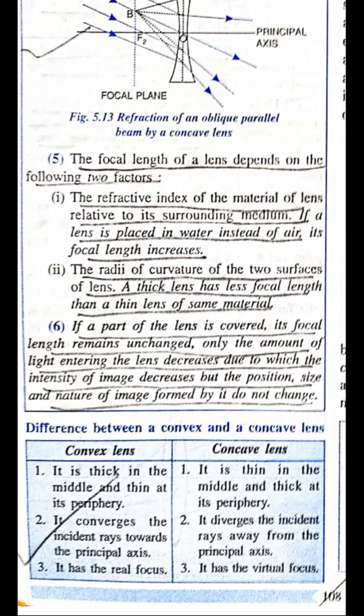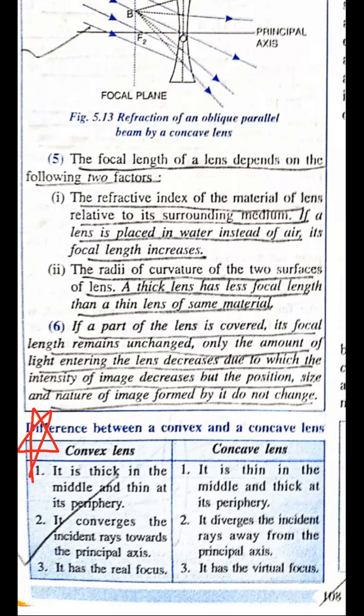One of the most important questions from this part is the difference between convex and concave. A convex lens is thick in the middle and thin at the periphery, so it will be a fish-shaped lens. Then you have a concave lens, like that of a spoon. Two spoons placed like this make convex, and two spoons placed like this make concave.